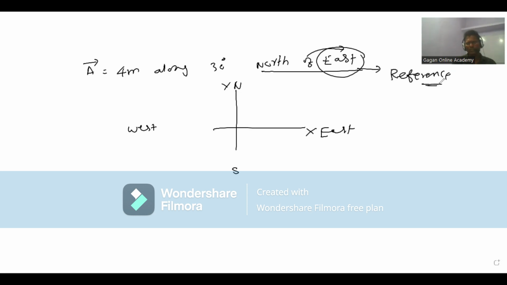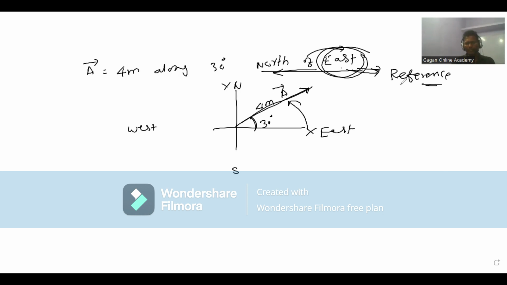From east you have to move towards north. North is this direction. So here we have to make an angle 30 degrees. This vector indicates 4 meter along 30 degrees north of east. That means you have to start from east, east is taken as reference.